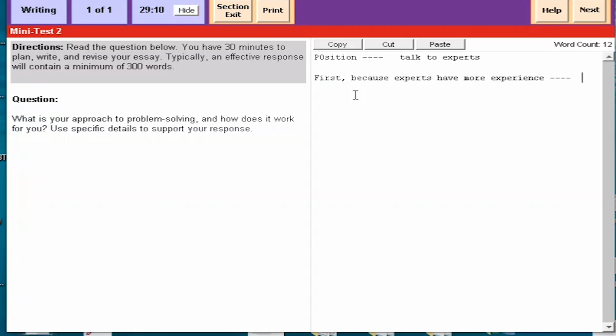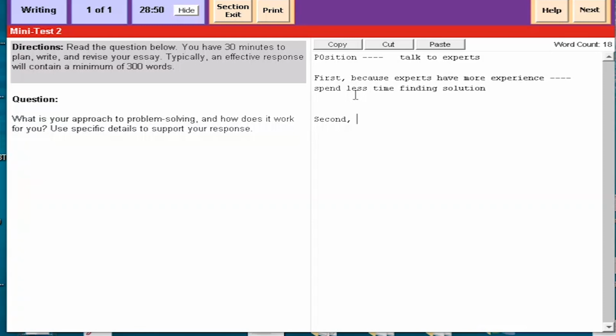And then I'm gonna write something about how they have more experience, and that's gonna help me spend less time finding my solution.